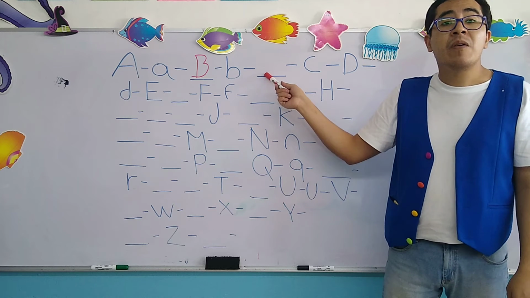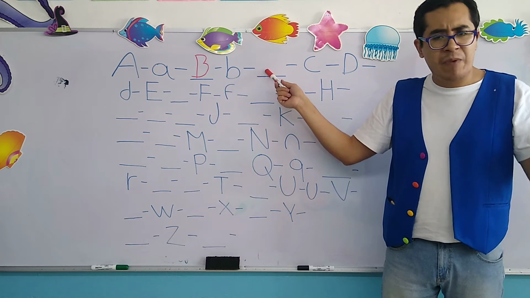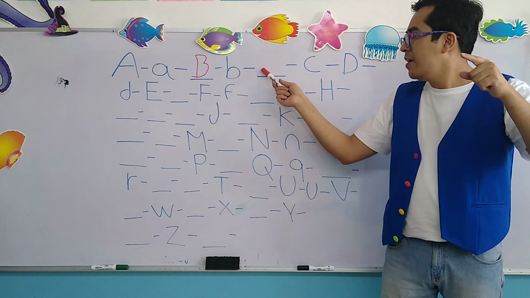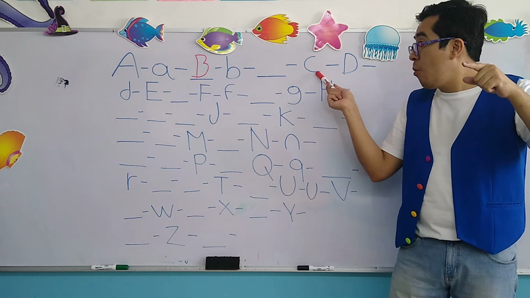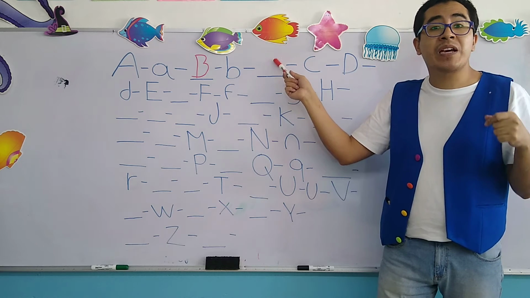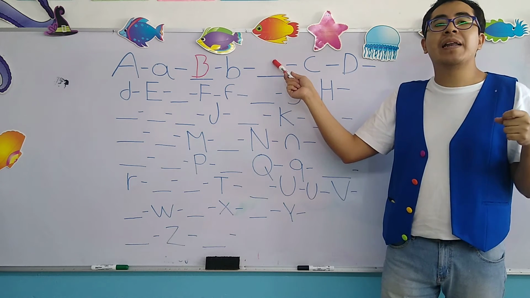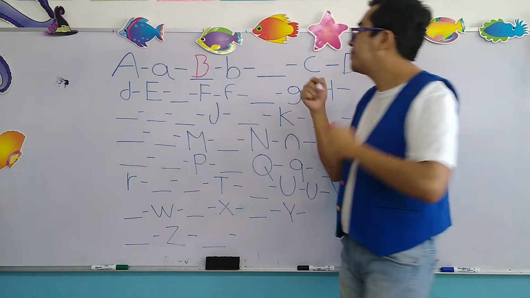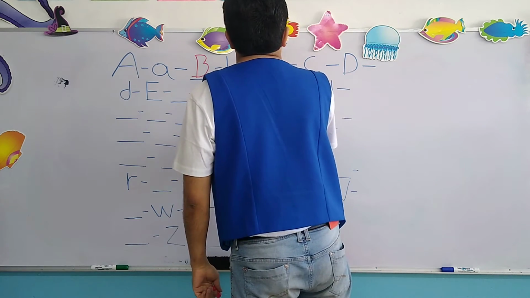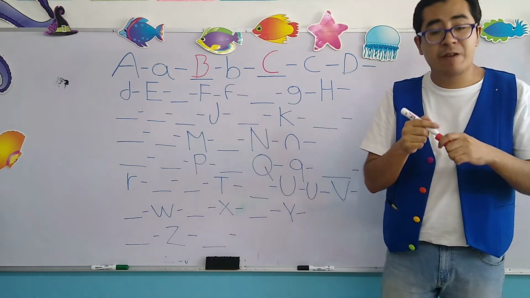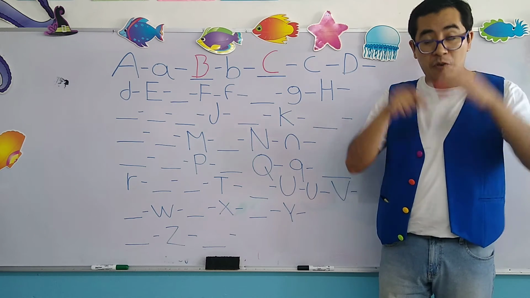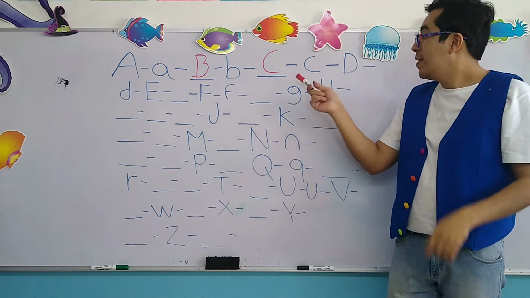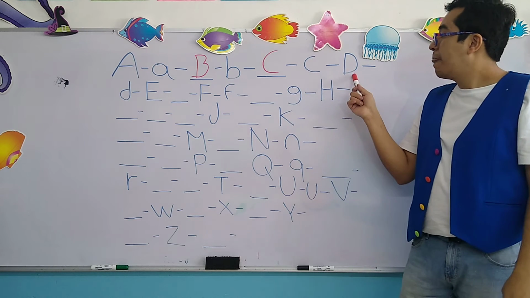Here, once again, we have a missing letter. What is the missing letter? Let's see. Next to, we have small c. So once again, this means that we have to write capital C. Remember the letter of car, of Carolina, of crown, like the princess. Small c.